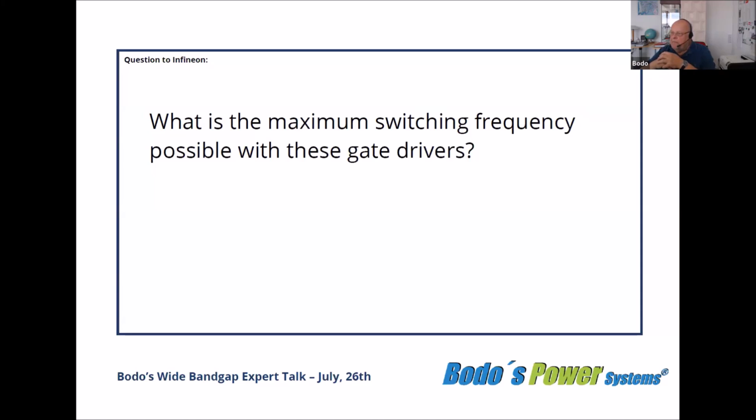Diogo, what's the maximum switching frequency possible with these gate drivers? Sure, good question. The PWM signals go through the isolation barrier that is implemented with Infineon's coreless transformer technology, and this modulation operates at quite a high frequency.